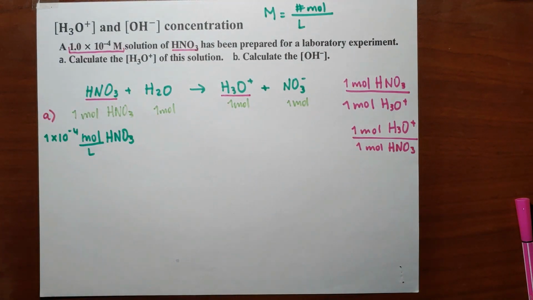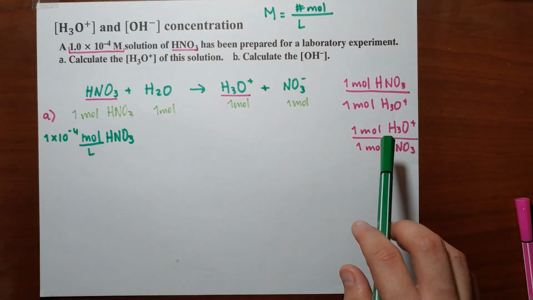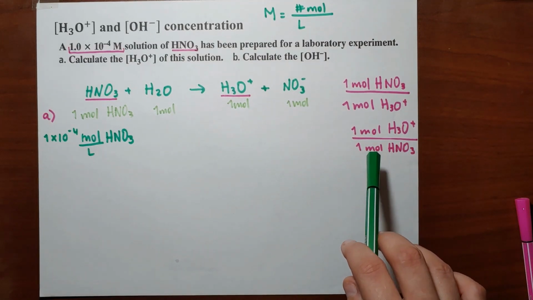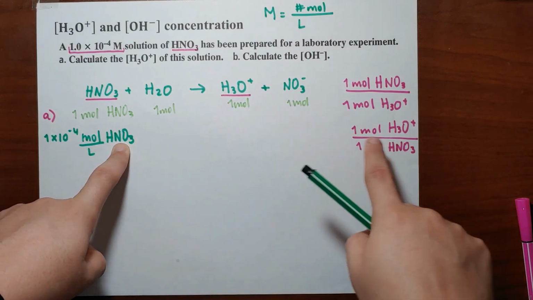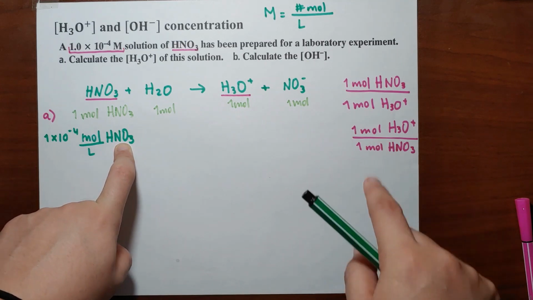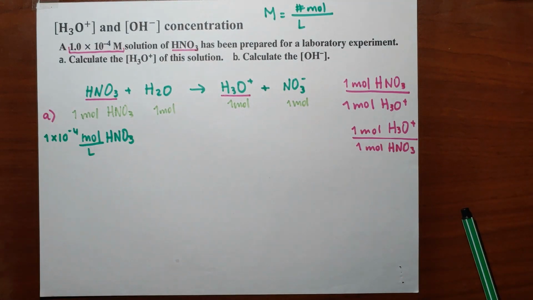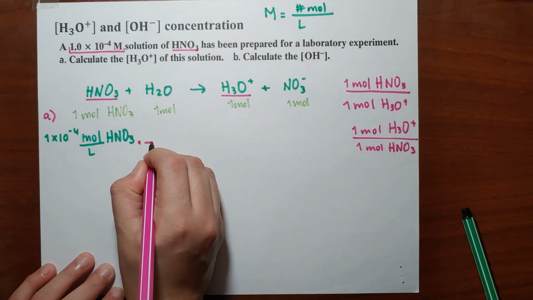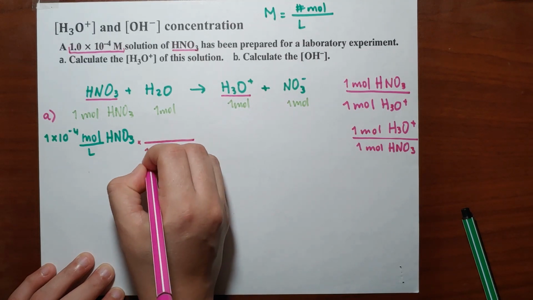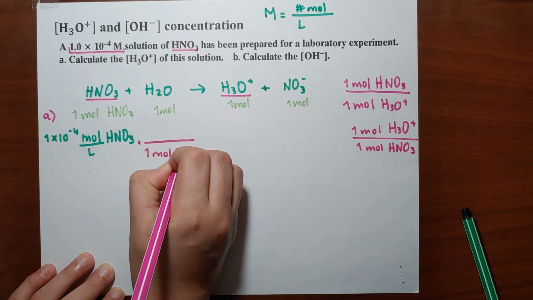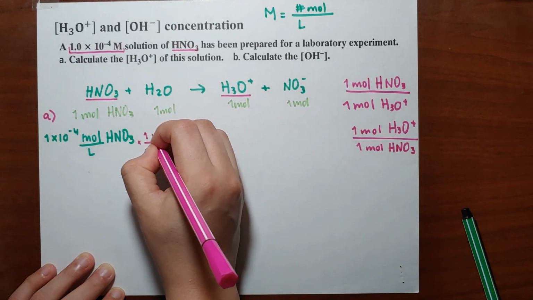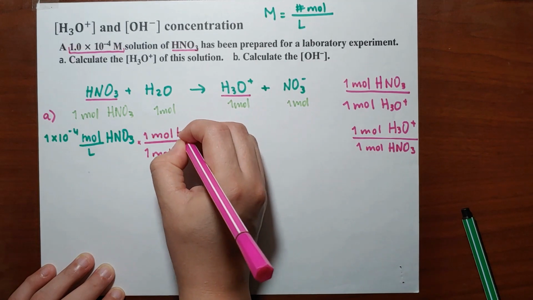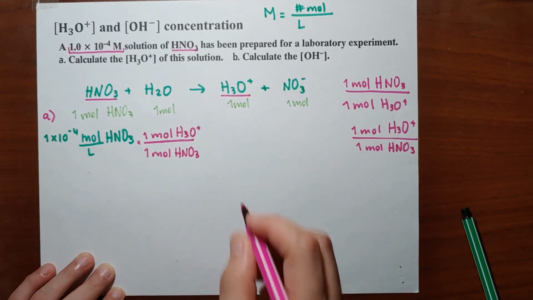Okay, so in order to have that, I will be using the second one, because I have nitric acid in the top and nitric acid in the bottom, so they will be cancelled. So I will multiply times the molar ratio, 1 mole HNO3 and 1 mole hydronium.